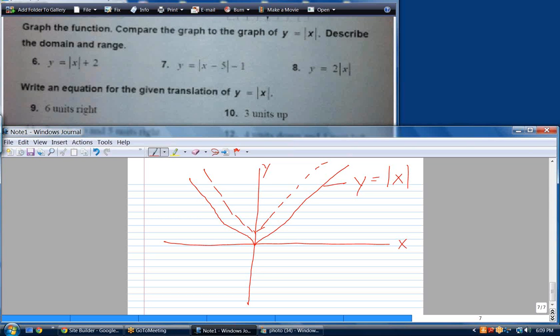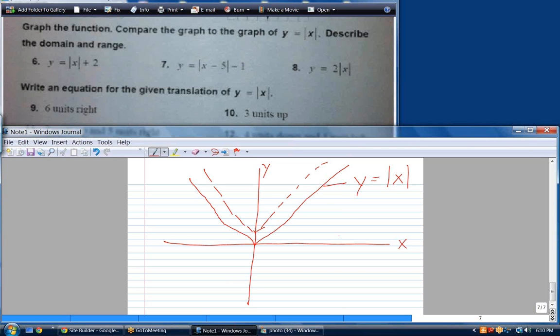Marina? Can you hear me? Yes, I can hear you now. Okay. So what possible values can x take on my dotted line? For range or domain? Domain. Domain is always the x values. Oh, all real numbers?